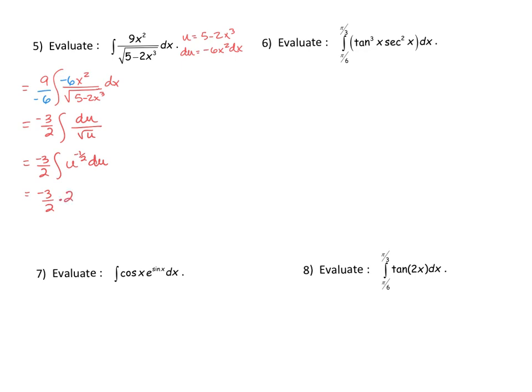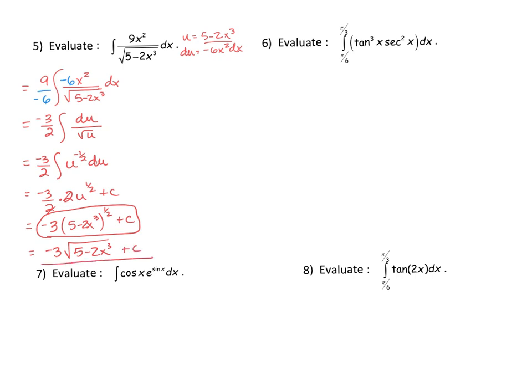So it'll be negative 3/2 times 2u to the 1/2 plus c. Since u is 5 minus 2x cubed, these 2's will cancel, negative 3 times 5 minus 2x cubed raised to the 1/2 power plus c. That can be your answer. If you wanted to, you could write it as negative 3 times the square root of 5 minus 2x cubed plus c. Either answer is correct.